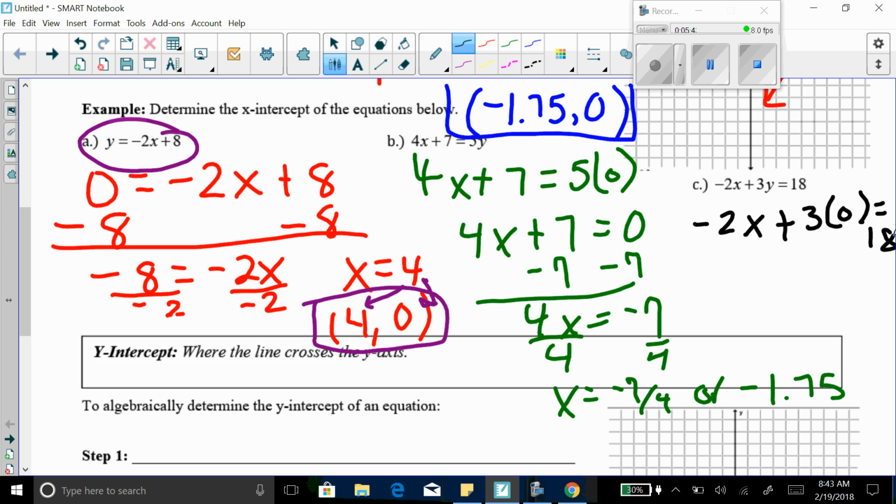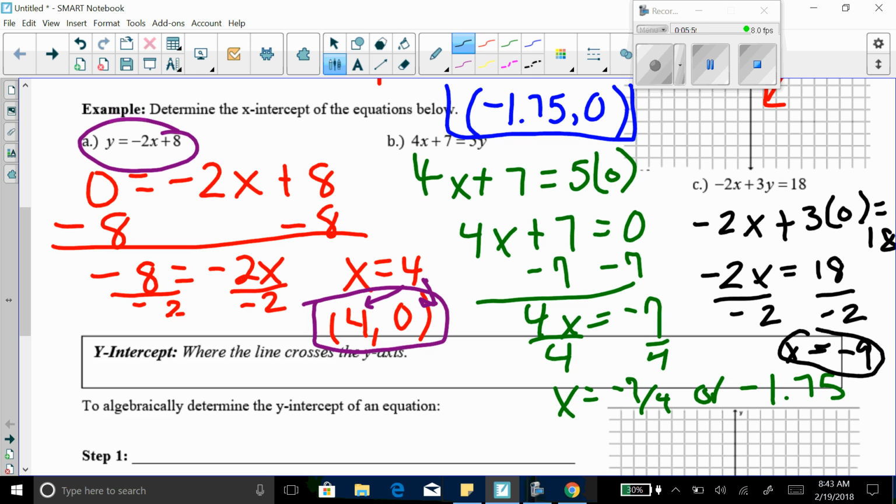Well, 3 times 0 is 0, so negative 2x equals 18. Divide by negative 2, divide by negative 2. X equals negative 9. But again, our intercepts are points. So the answer is negative 9, comma 0.